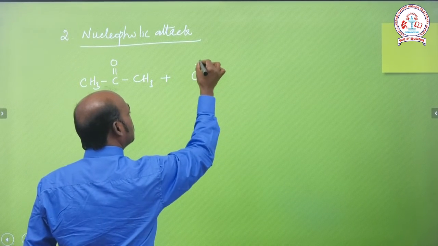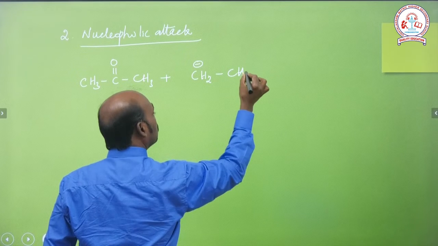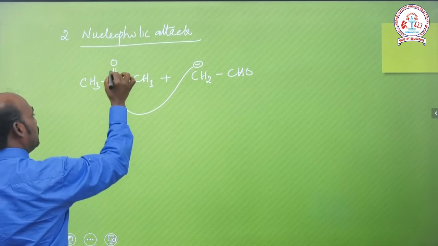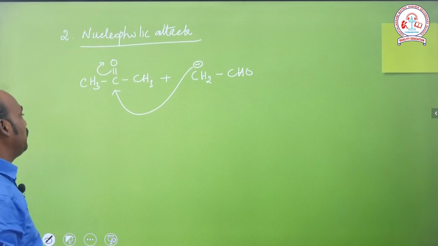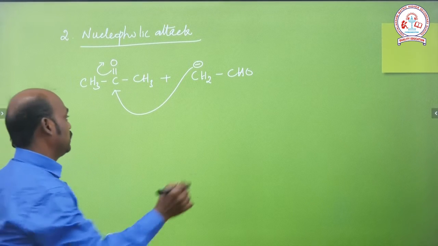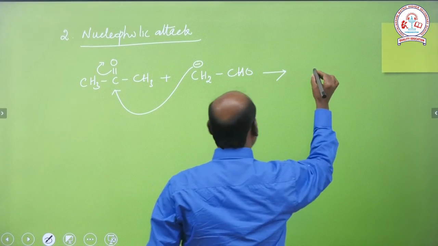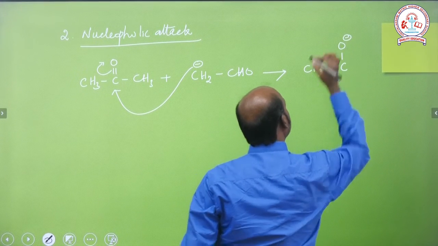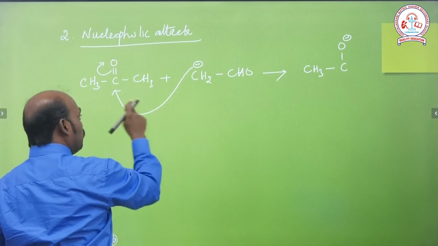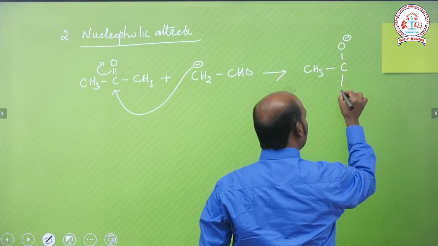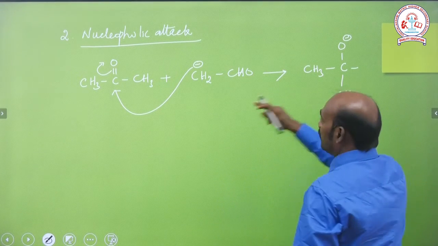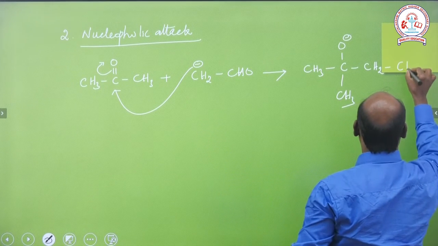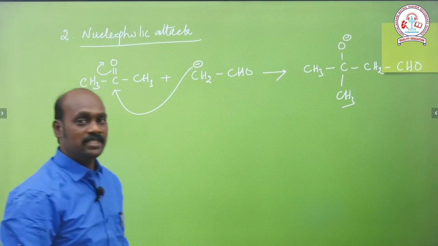CH2 minus CHO is the carbanion which acts as a nucleophile and attacks the electron deficient carbon center. So the electrons between the carbon and oxygen shift to the oxygen atom. Then we get an intermediate CH3 CO minus. I can write this methyl group down the carbon atom. So CH3, then here the compound containing CH2 and CHO. This is the intermediate.